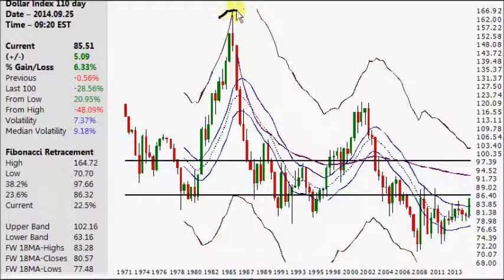And then from this period here, where the dollar index went from 160 all the way down to here, the price of gold and silver went sideways, went lower. So even though the index got its ass kicked here, the price of silver did not go up that much.